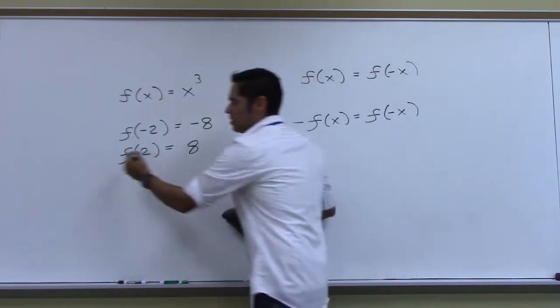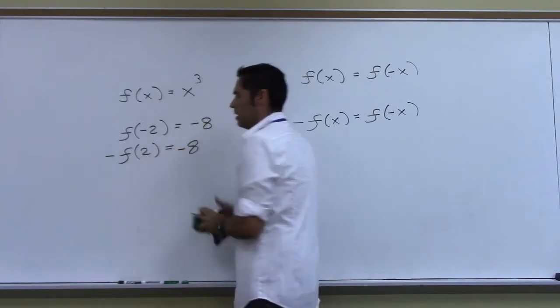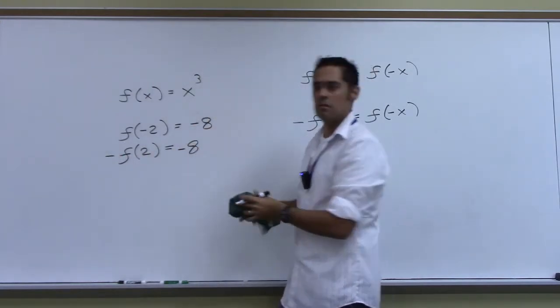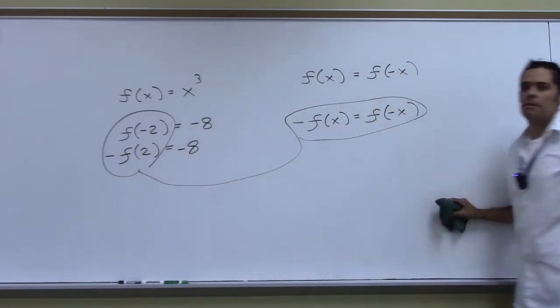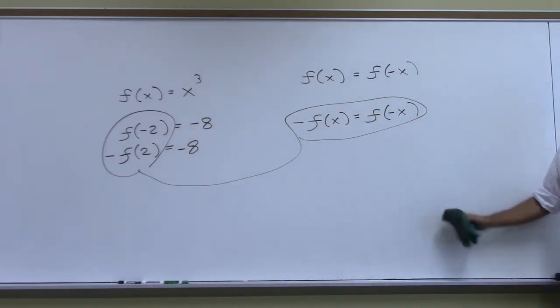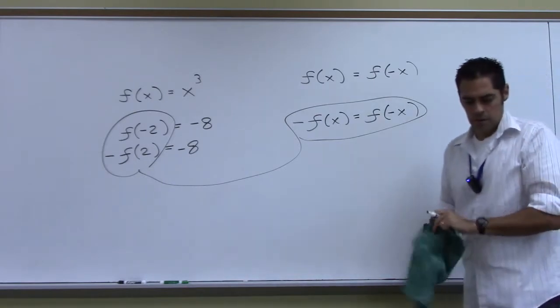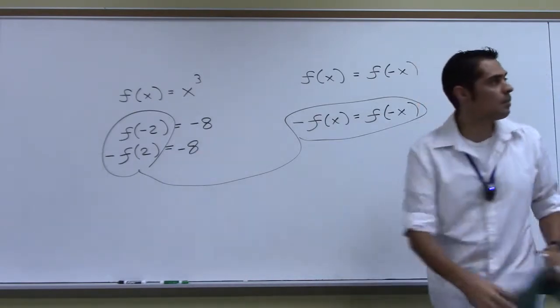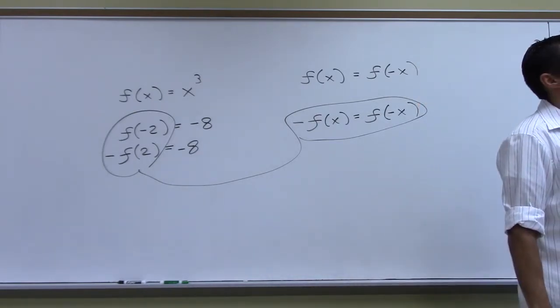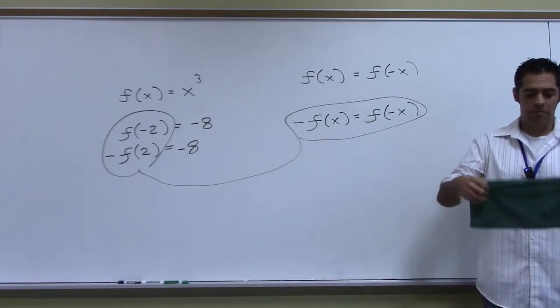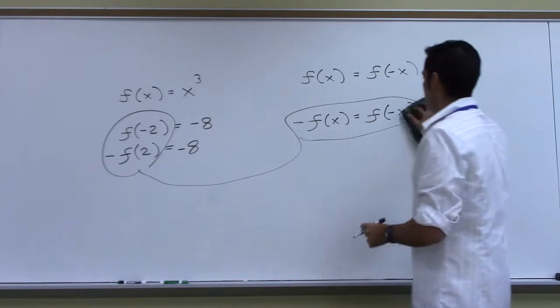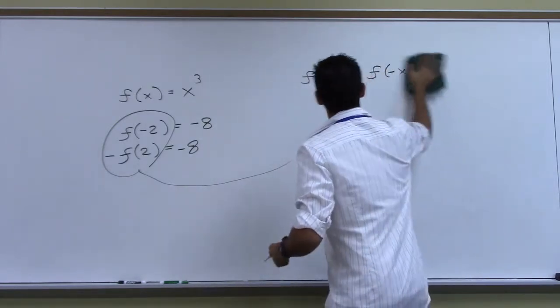So if I were to change this to a negative, this would be negative, and then they would match. I hope you see that. This right here is what this is saying. Okay, those are the properties that we have for definite integrals.